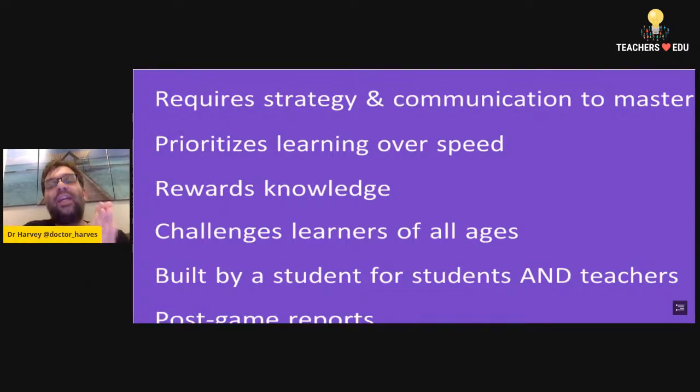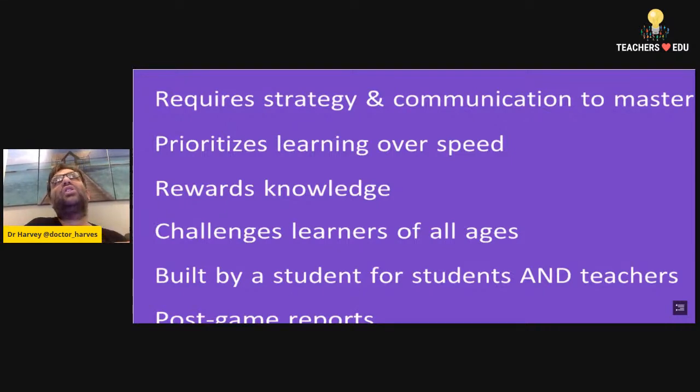And the key is, one issue, which I was discussing with Becky Keane, who's also an MIE Expert like Anna and myself, is that with Kahoot, because you've got that timer, it prioritizes speed over learning.